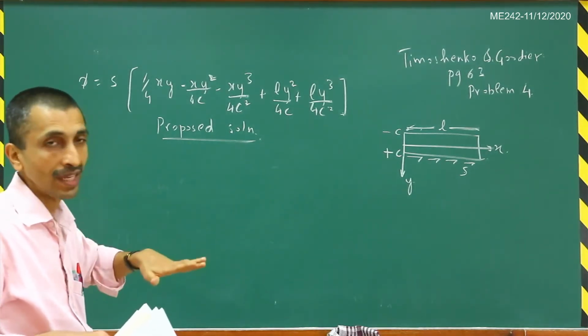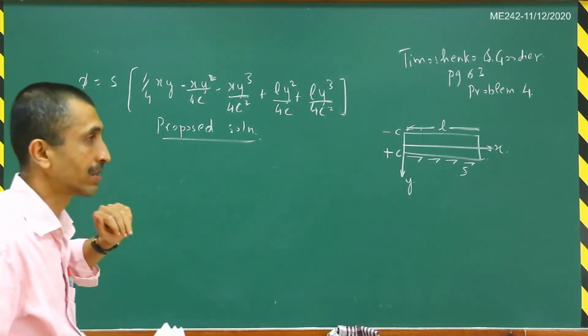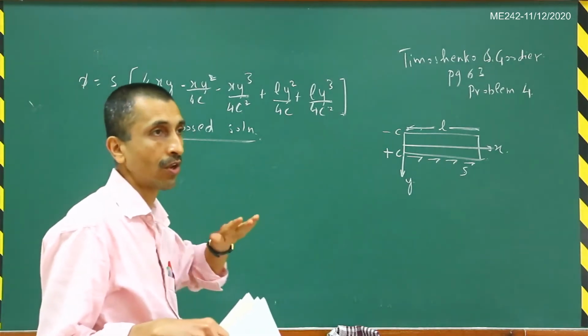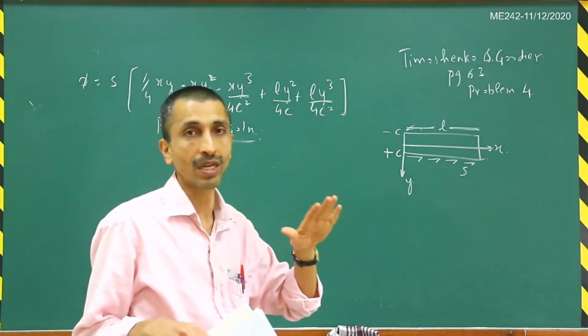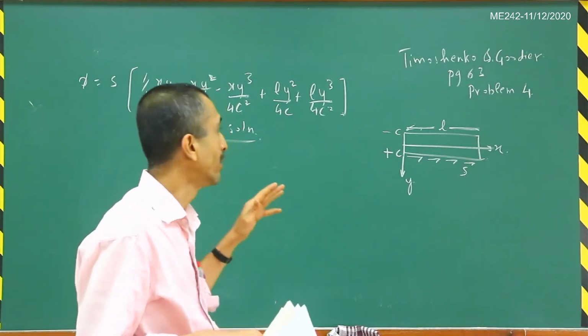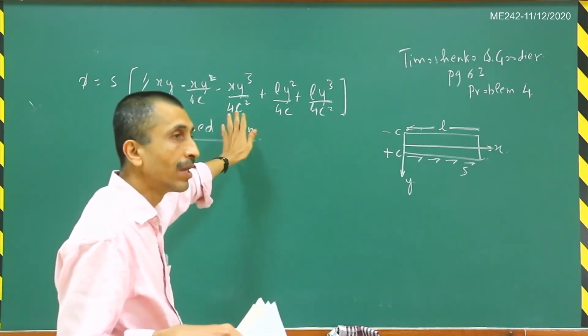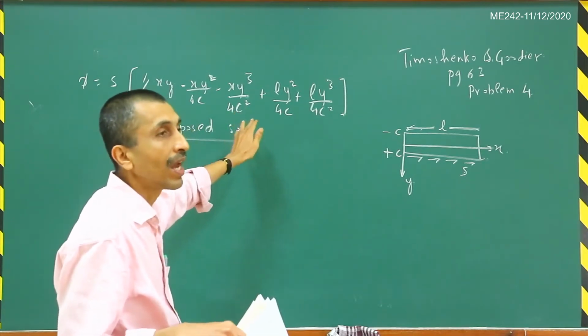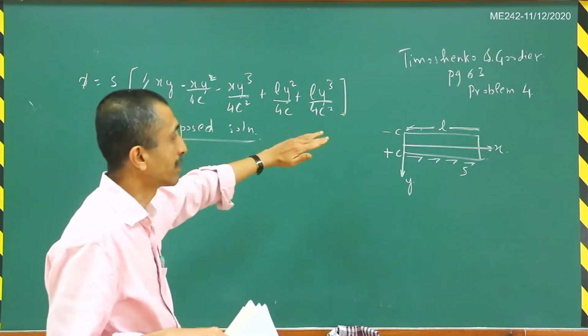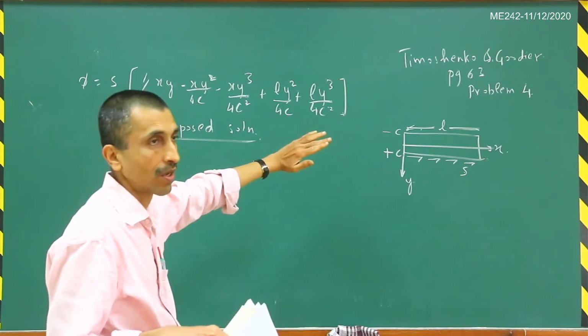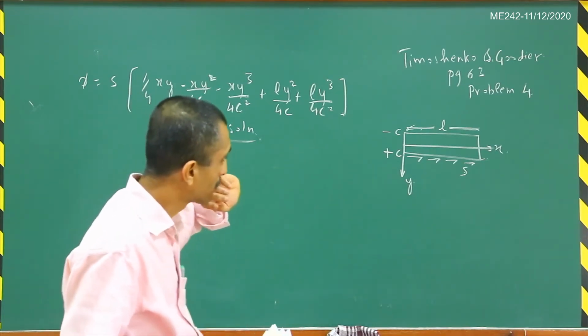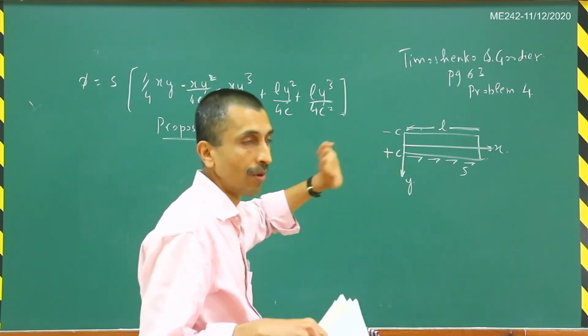Because this is a first level course, we will not get into the more systematic method. We will simply look at some Airy stress function which is given, and then we will try to see if that is satisfying certain boundary conditions or not. That is the approach that we will take here for the moment.